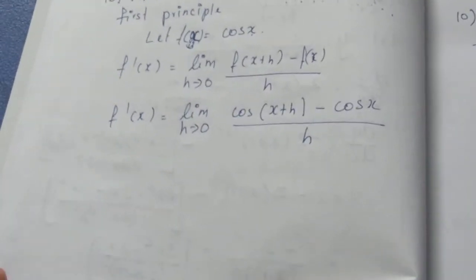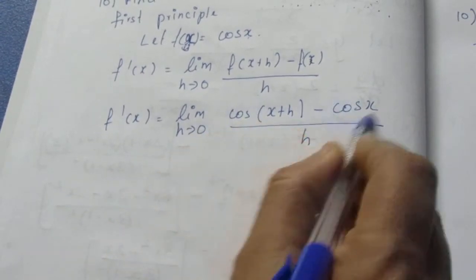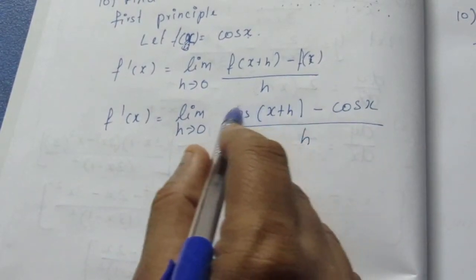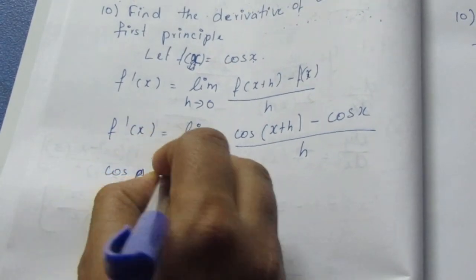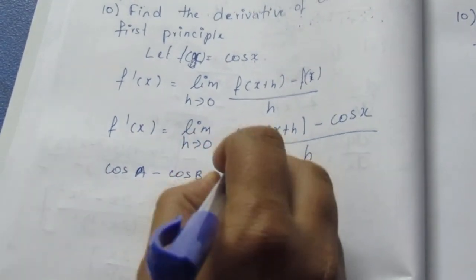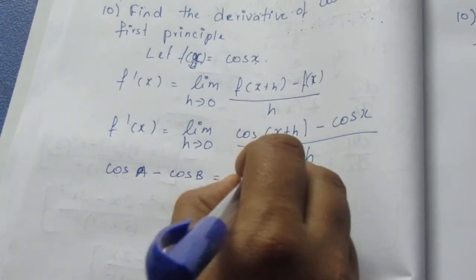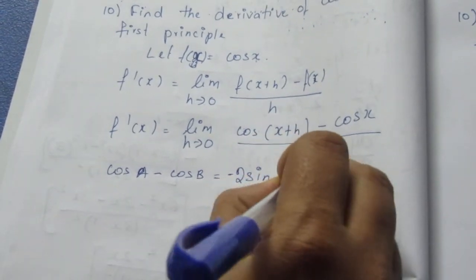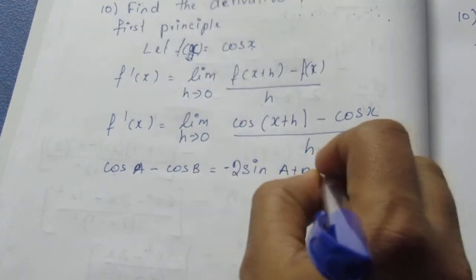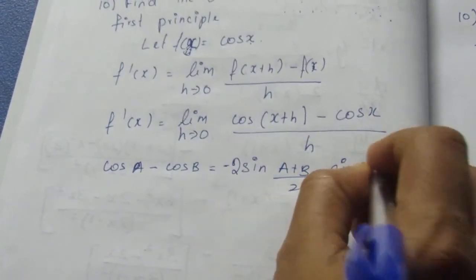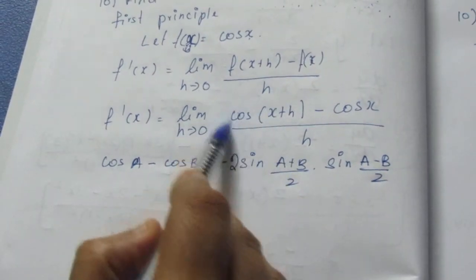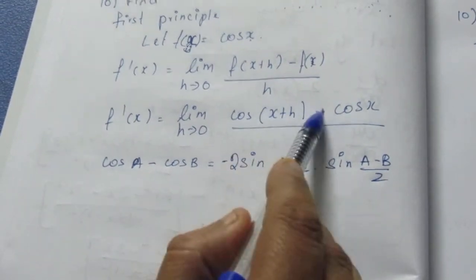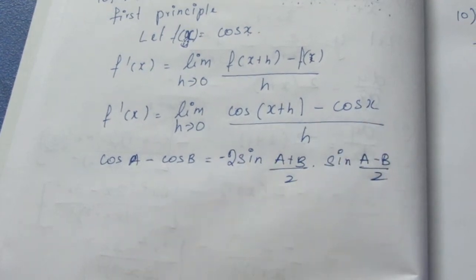Now we have a formula here, cos a minus cos b. I am taking this total to be a. So the cos a minus cos b formula is minus 2 sin of a plus b by 2 into sin of a minus b by 2. Substitute the value here.